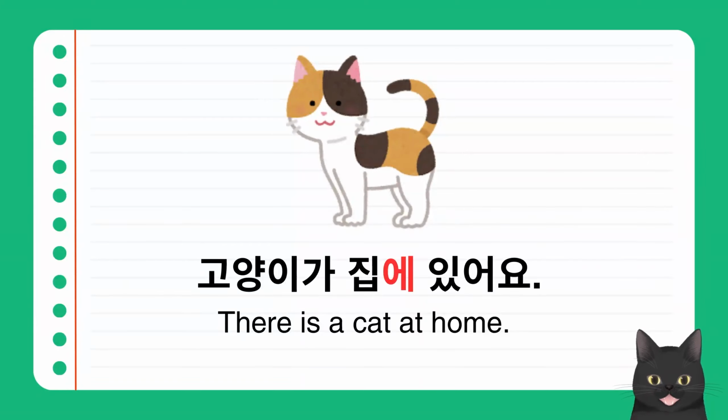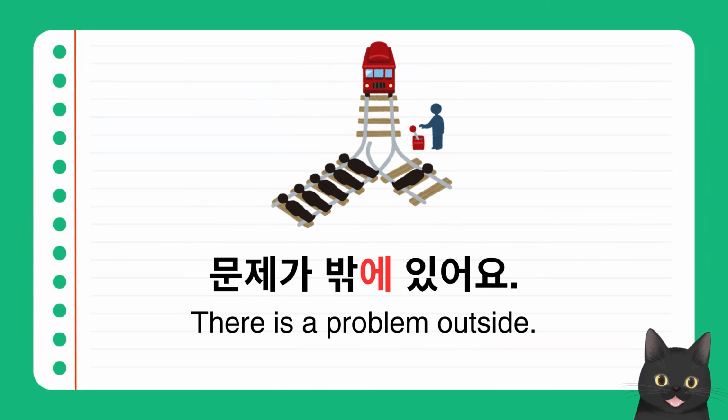고양이가 집에 있어요. It means there is a cat at home. See, it follows the same structure: noun, place, 에, 있다. The important part is that the particle 에 always comes after the location. 문제가 밖에 있어요. There is a problem outside.